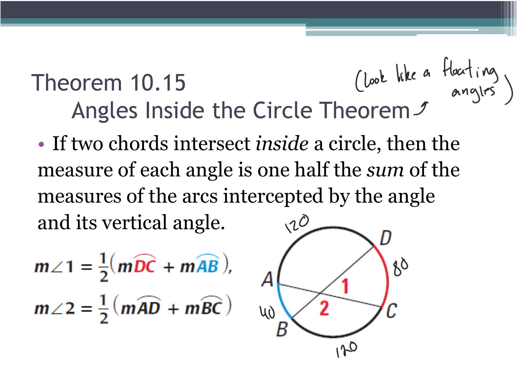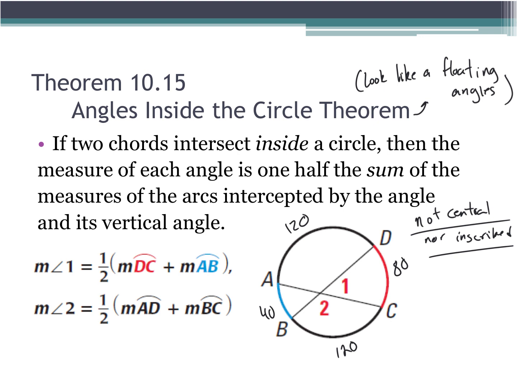What are the things to look for when we're trying to solve for these types of angles? Well, to start off, this is not a central angle, so it cannot be a central angle or an inscribed angle. We have seen central and inscribed, and this does not work for either of these. So how do we solve for it?